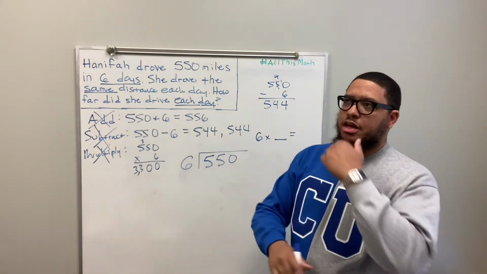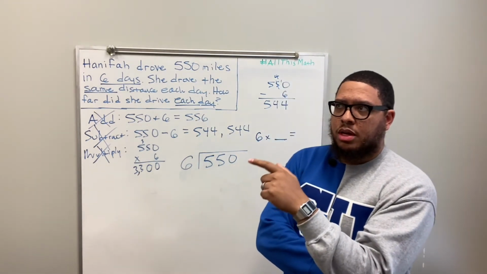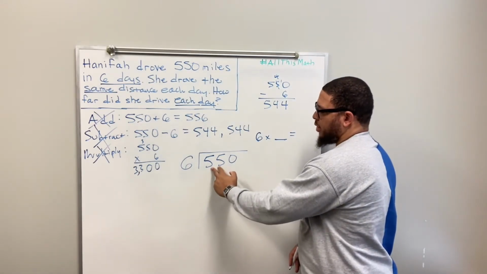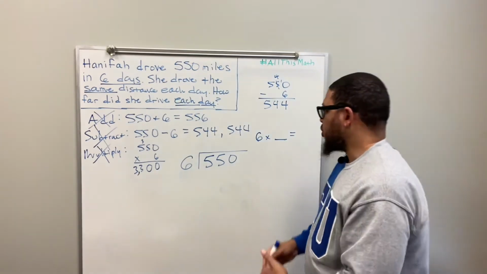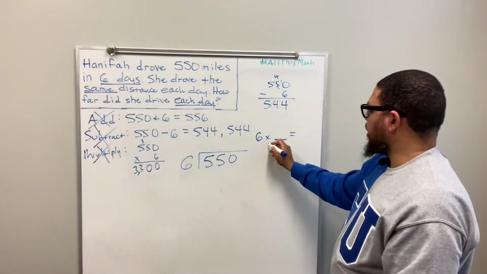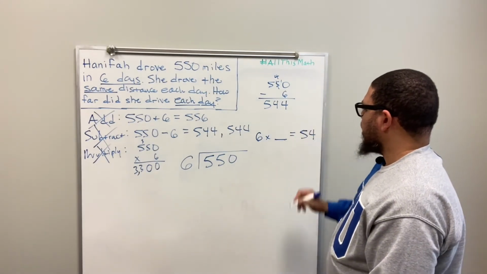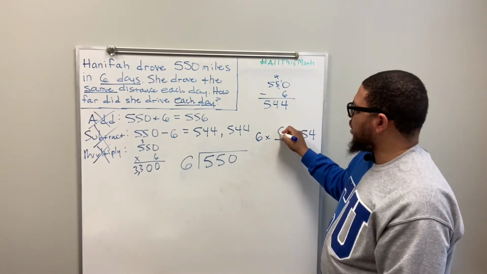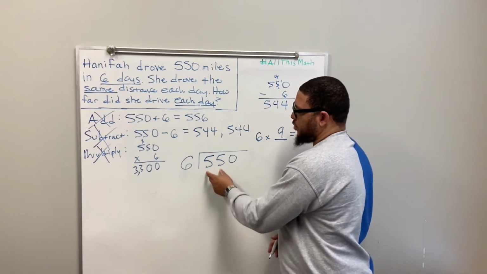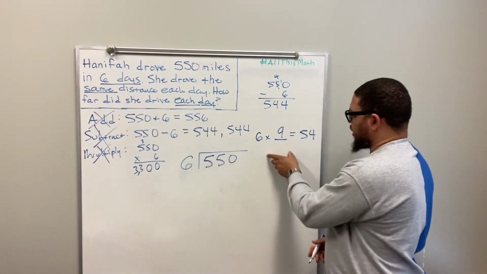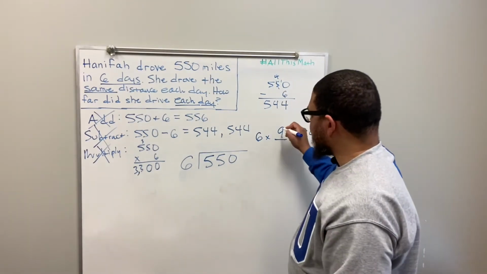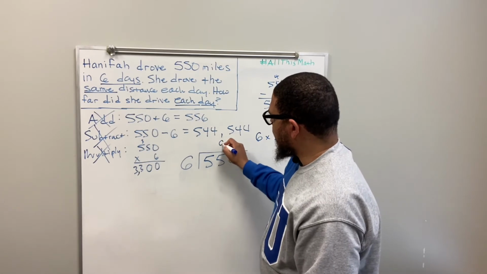The number that comes to mind is 54, because 54 is the closest multiple of 6 that is less than 55. We don't want one that's greater than 55. I know that 6 times 9 is 54. So I can fit 9 6s into 55, because 9 6s make 54, and 54 is less than 55. So I take this 9 and I write it above the ones place digit in 55.